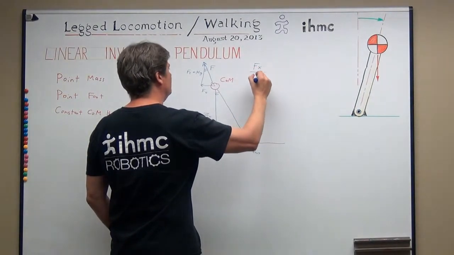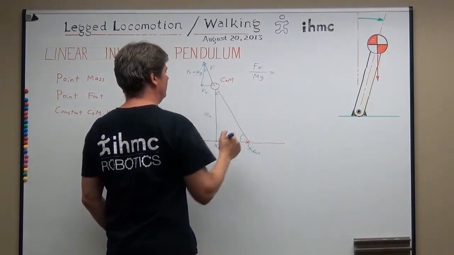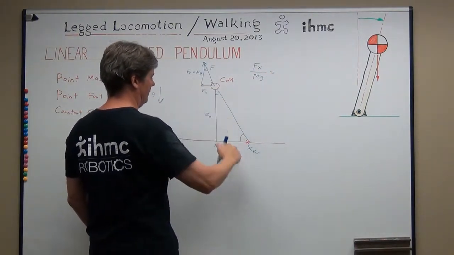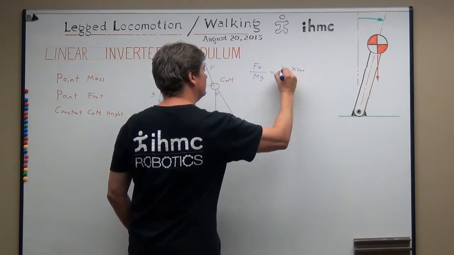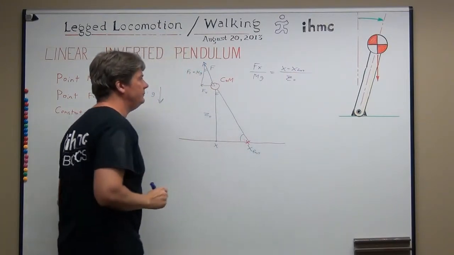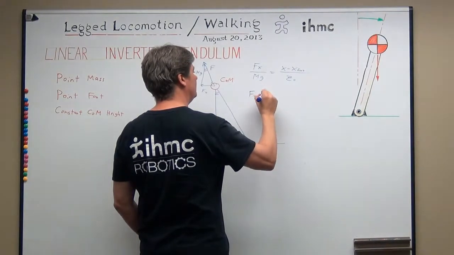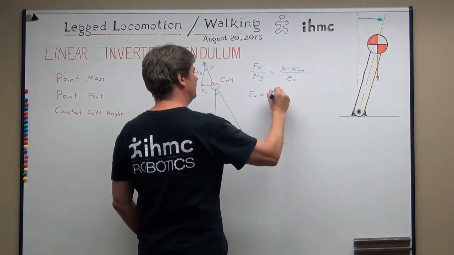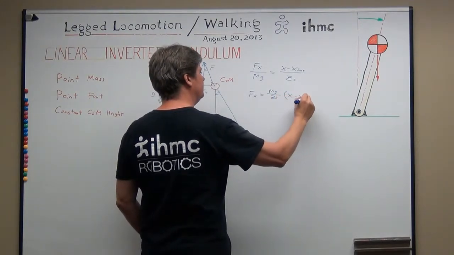So Fx over Fz, which is mg, equals x minus x foot divided by the center of mass height z naught. Solving for Fx, we get mg over z naught times x minus x foot.